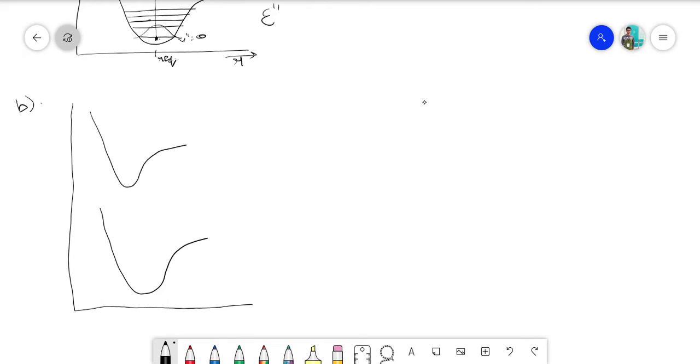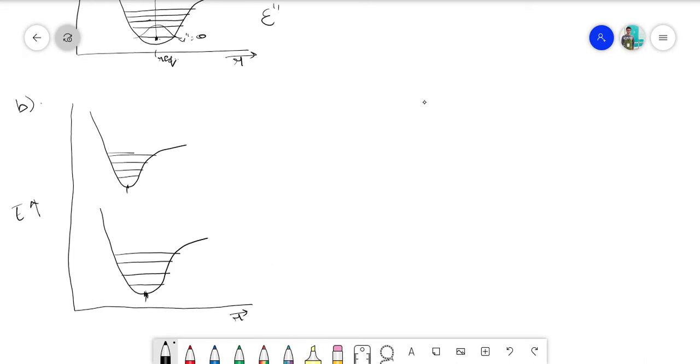So this is the internuclear distance here. You can clearly see there is a decrease in the internuclear distance of the excited state. But according to the Franck-Condon principle, vertical transitions are allowed, so here also only vertical transitions are going to take place.